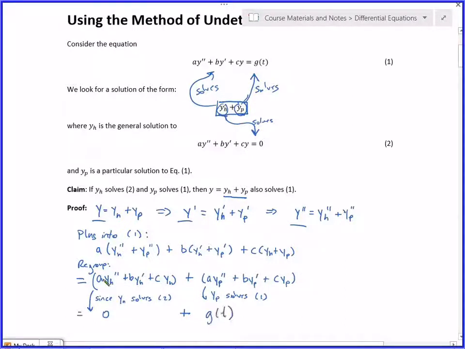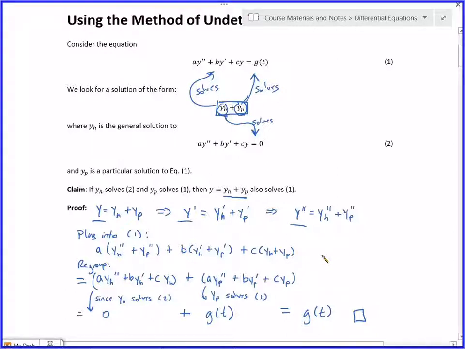G of t. Since the YH part goes to 0, this piece over here goes to 0, so you end up with G of t, which proves that this new thing, which is just a combination of YH and YP, solves equation 1, namely gives the right-hand side as G of t.